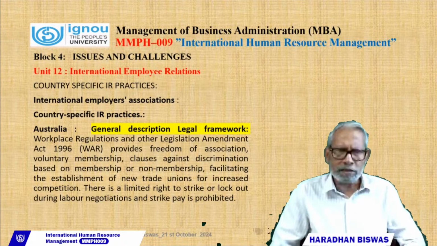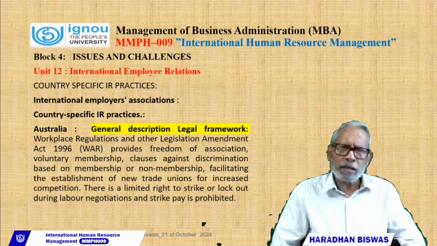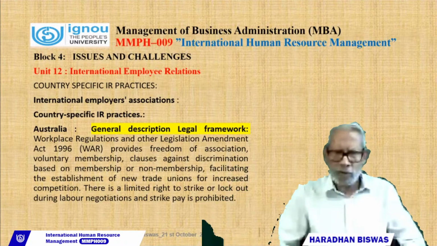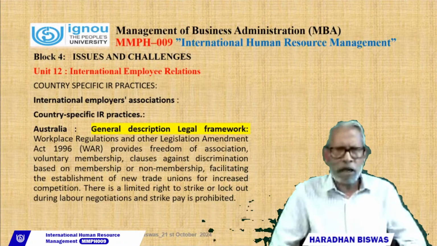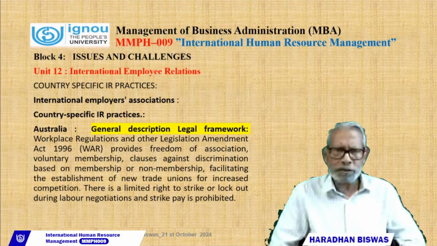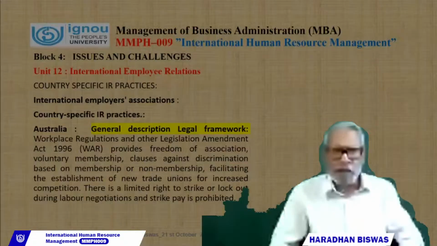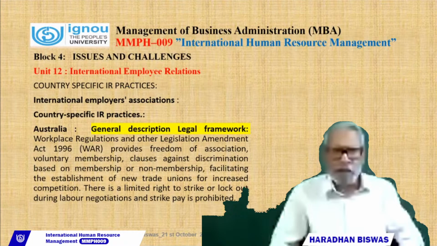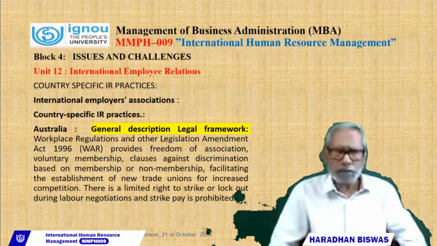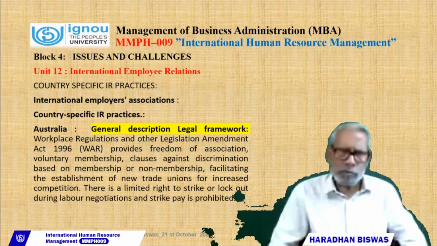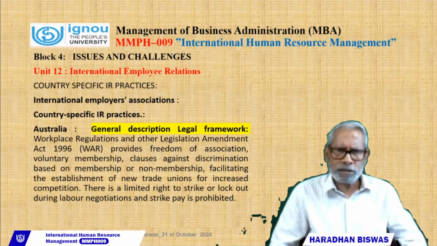That is a general description of the legal framework, where the Workplace Regulations and other legislation amendments are there. These are all amendment acts by the government agencies, because every country's government decides what type of industrial relations practices should be there.